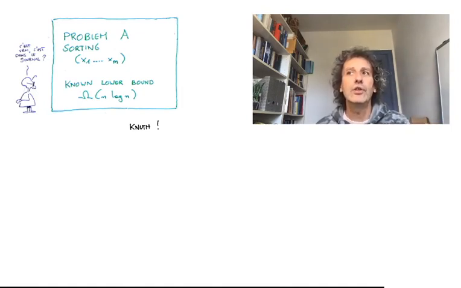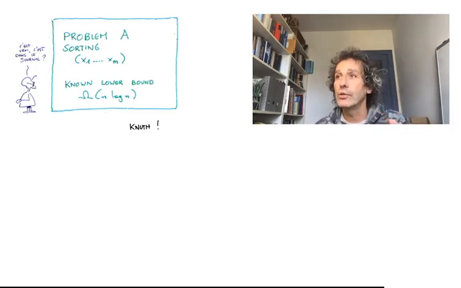Now you will demonstrate that because it is impossible to sort numbers faster than n log n, it's the same for the convex hull construction.